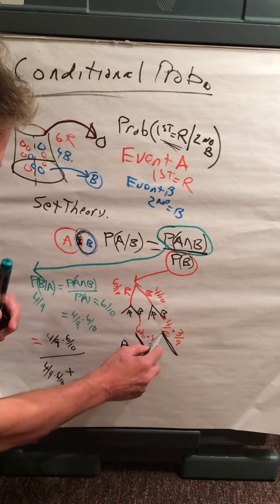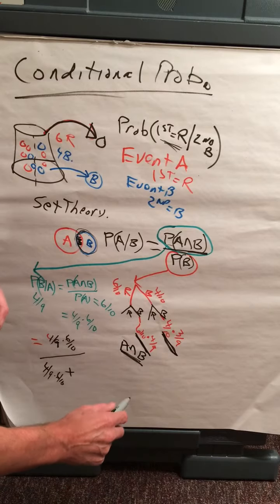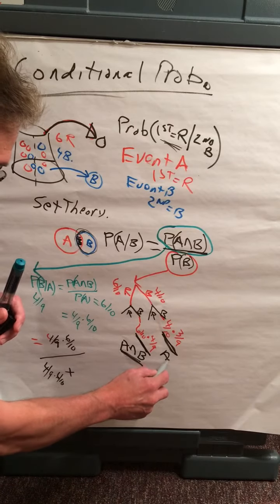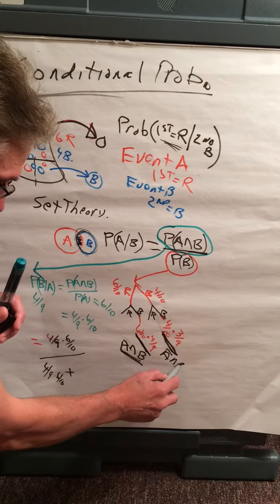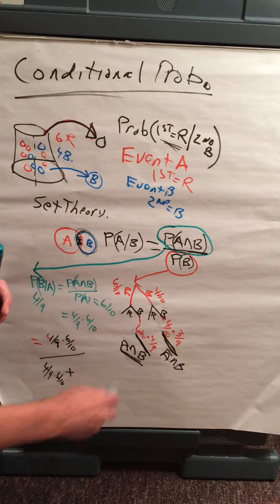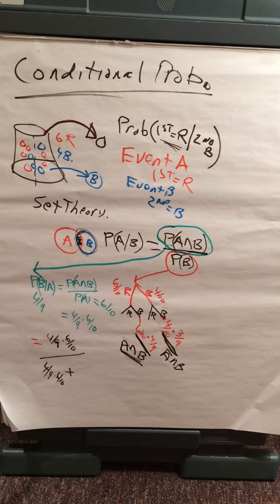Now this one is not A and B. That happens to be called the total law of probability, but we're looking at it from an intuitive approach.